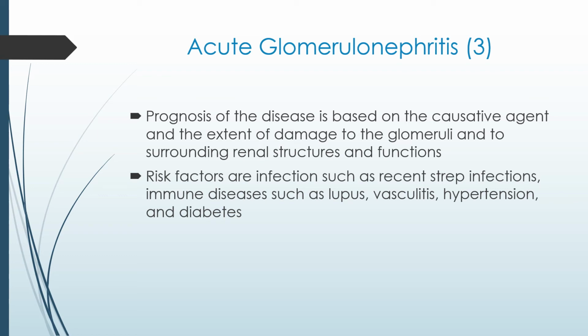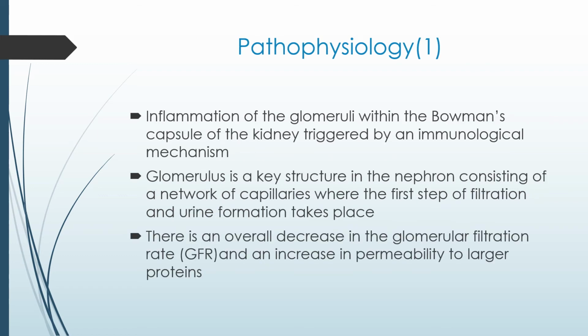Risk factors are infections such as a recent strep infection, immune diseases such as lupus, vasculitis, hypertension, and diabetes. Inflammation of the glomeruli within the Bowman's capsule of the kidney is triggered by an immunological mechanism.